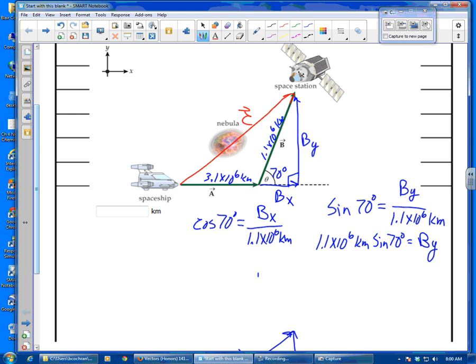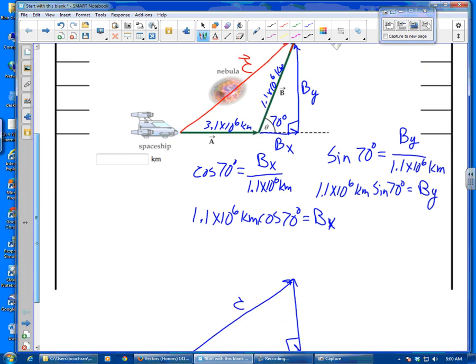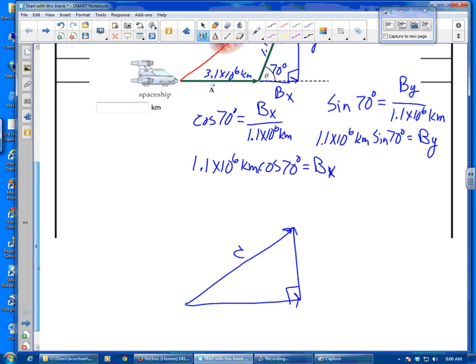Rearranging that, 1.1 times 10 to the 6th kilometers cosine 70 degrees equals B sub x. Good? Any questions, or ready to move to the combining stage?